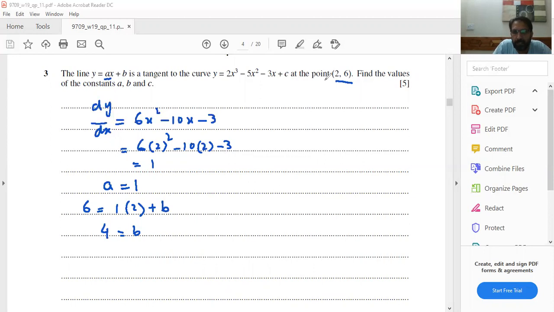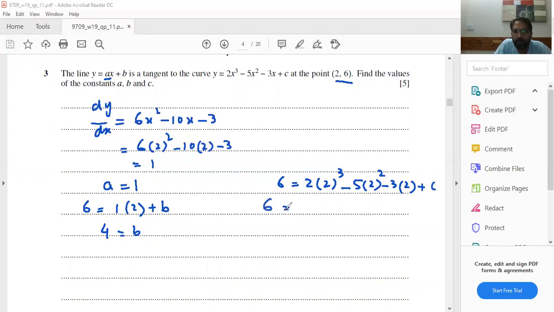Now, as far as c is concerned, we are going to place this point directly in the curve. y is equal to this. So y is 6 and x is 2. So 2 × 2³ − 5 × 2² − 3 × 2 + c.